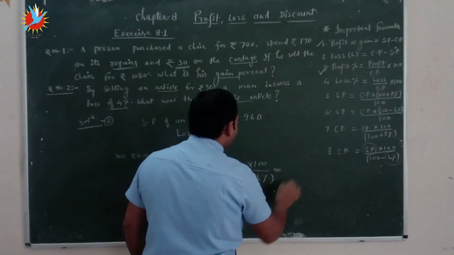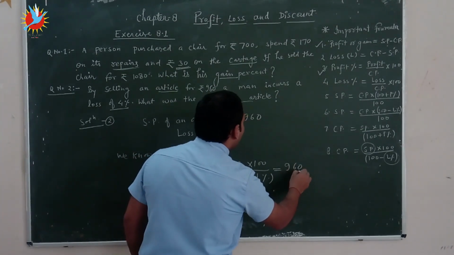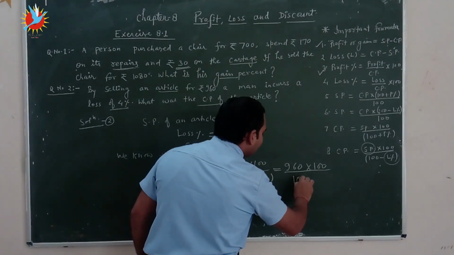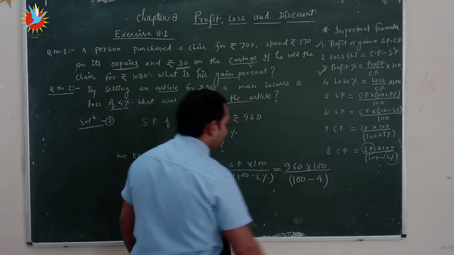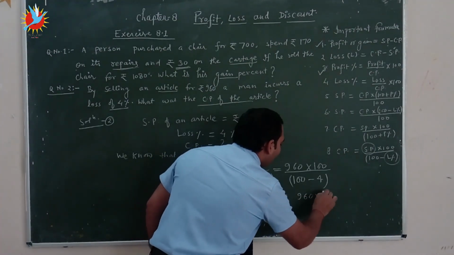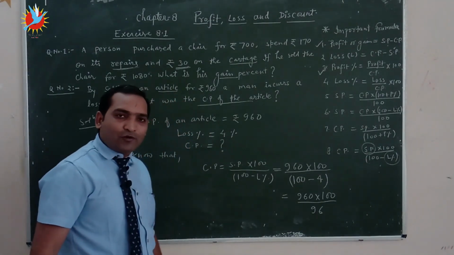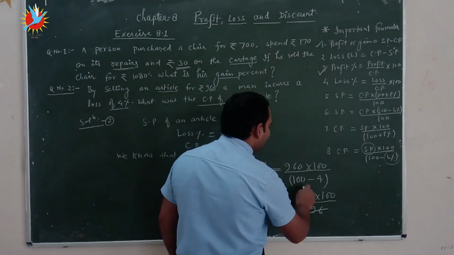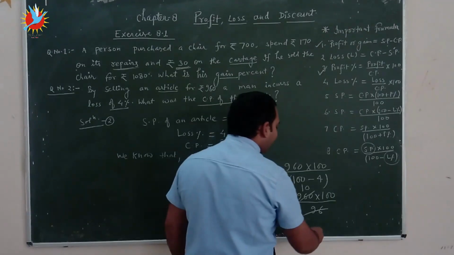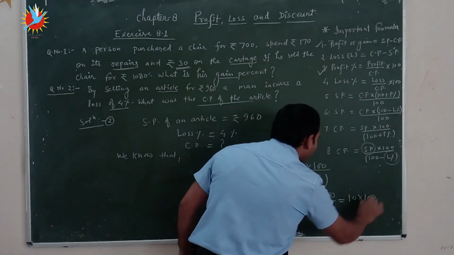So it is 960 into 100 upon 100 minus 4, which is 960 into 100 upon 96, because 100 minus 4 is 96. 96 tens are 960, so it is 10 into 100.